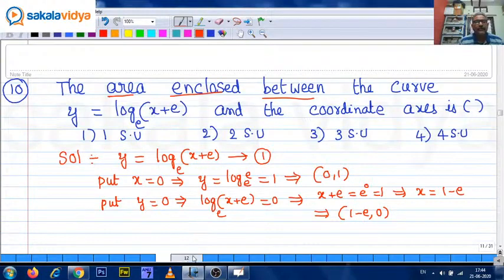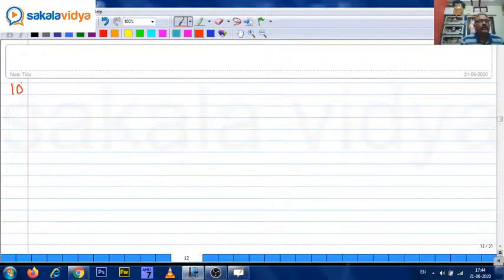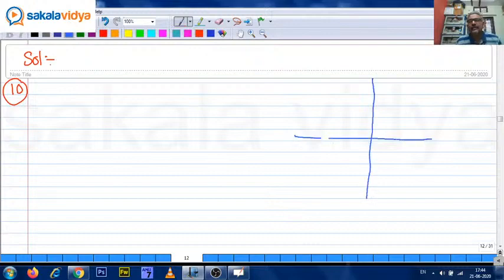Now let us go for the 10th solution. Let us draw the figure now. Take the coordinate axis like this.